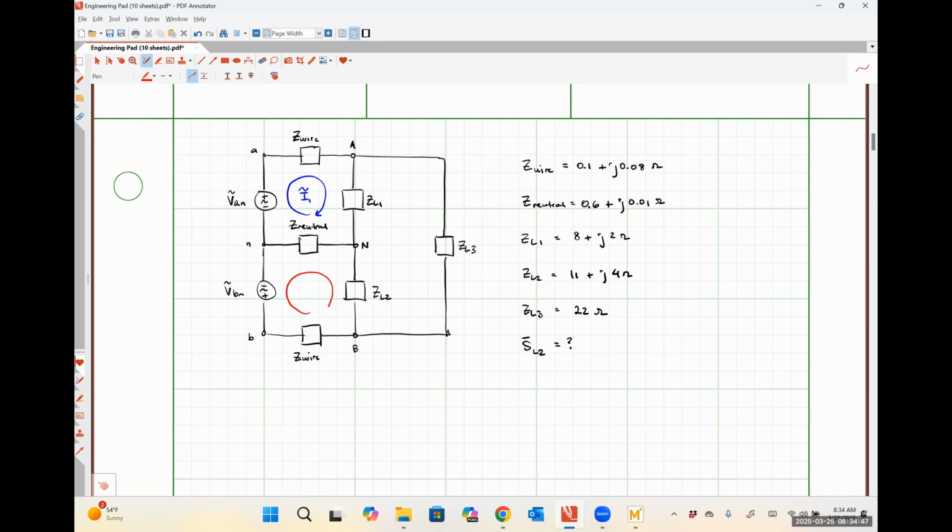Let's call this guy I2. And let's call this guy out here I3. And for what it's worth, I'm just going to set things up symbolically because I can put all of this information into the computer and let it handle everything for me.